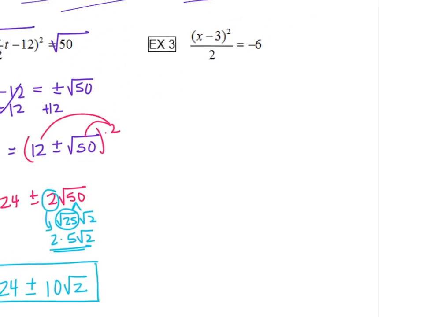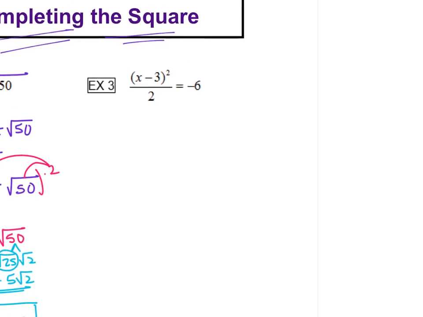Alright, let's look at one more example before we get to our other examples where we get into more what completing the square is. So you can see we have x minus 3 squared, but what's different about this is there's this divided by 2.